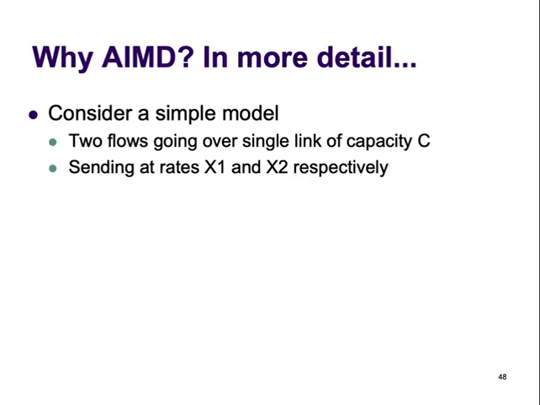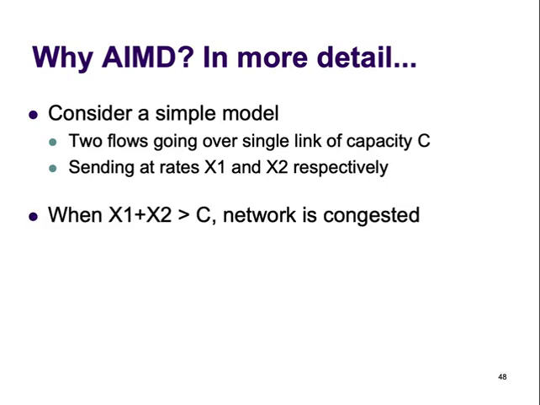The way we like to explain this is through a very simple model that I think captures this intuition really nicely. Let's say we had 2 flows going over a single link of capacity C, and the share of each flow is x1 and x2 respectively. What do we want here?